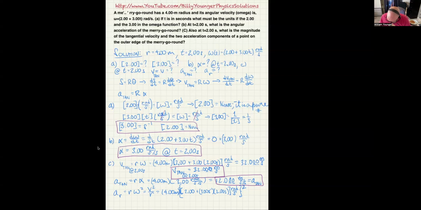So 8 radians per second squared is 64. And then 64 times 4 is going to be what? 4 times 60 is 240, and then 4 times 4 is 16, so it's going to be 256.